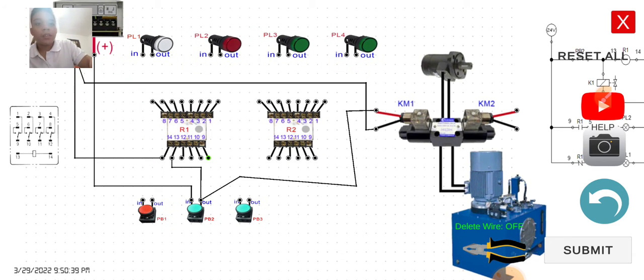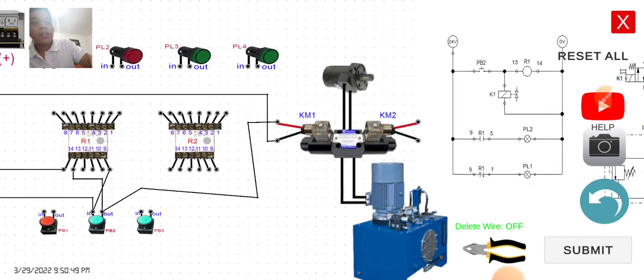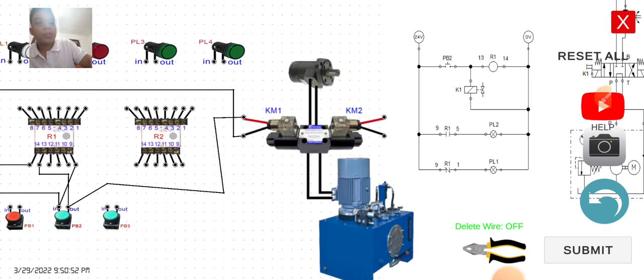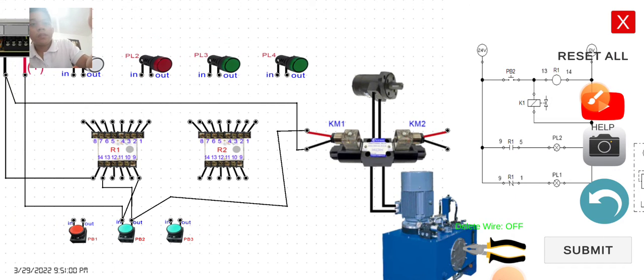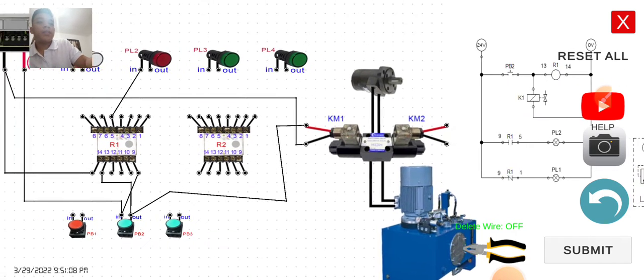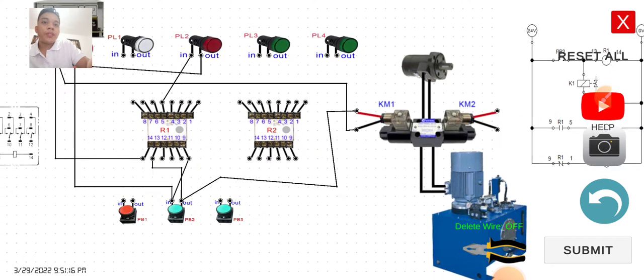And then the 9 of R1 connects to the input of the PB2. Then the 5 of the R1 goes to the input of the PL2, directly connected, and then the output of the PL2 to the 0 volts or negative sign.